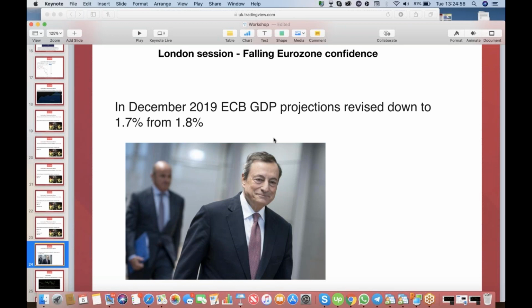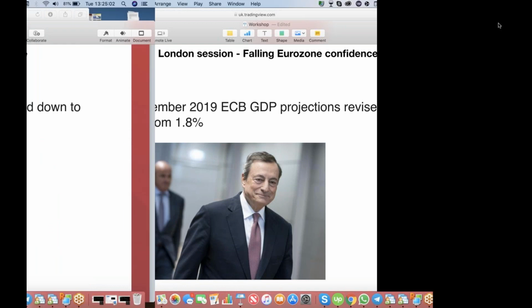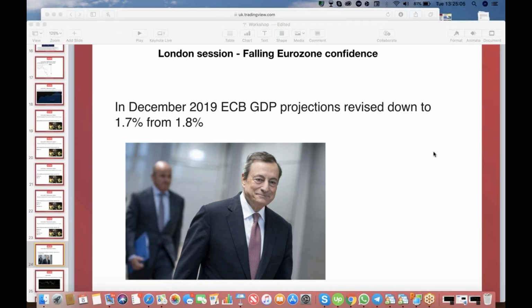So in other words, the European Central Bank, and remember, a central bank always wants to provide clear guidance for market participants. It's not trying to trick market participants. It wants to have a smooth currency price.